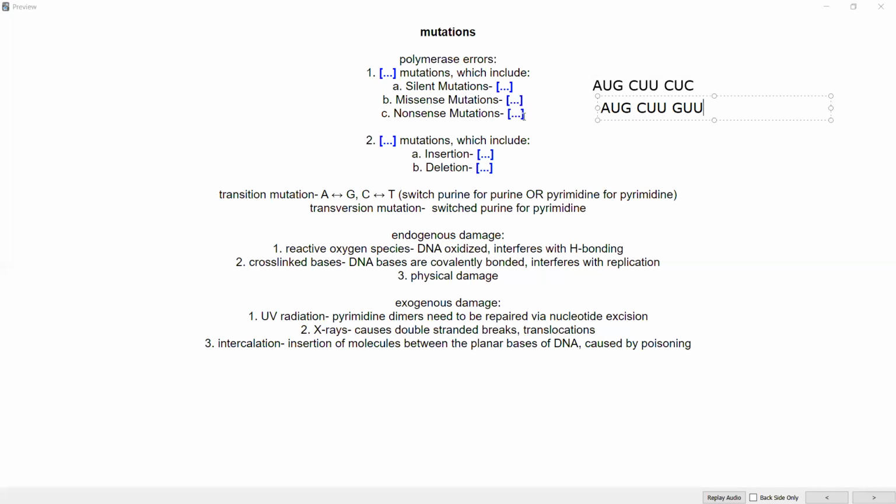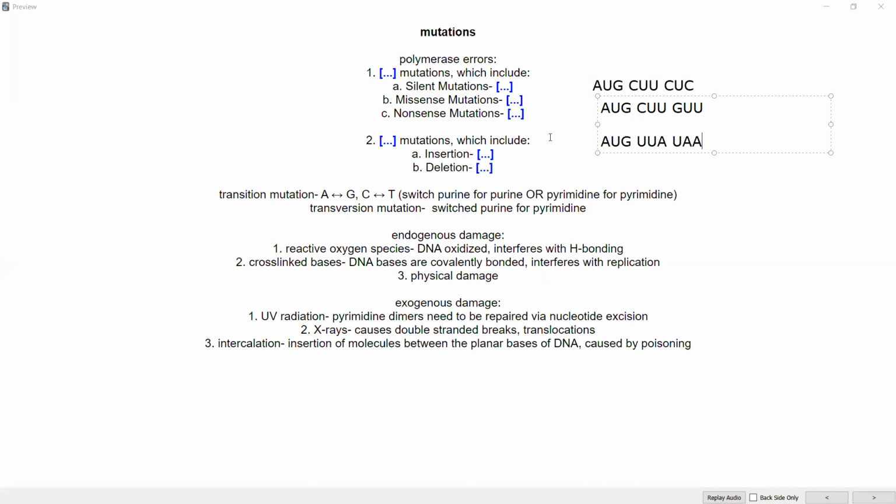Now, a nonsense mutation is when we screw up the whole thing. For example, if we accidentally turn this into UAA, now UAA is a stop codon. So we're going to stop translation, and that is going to screw up our whole protein.